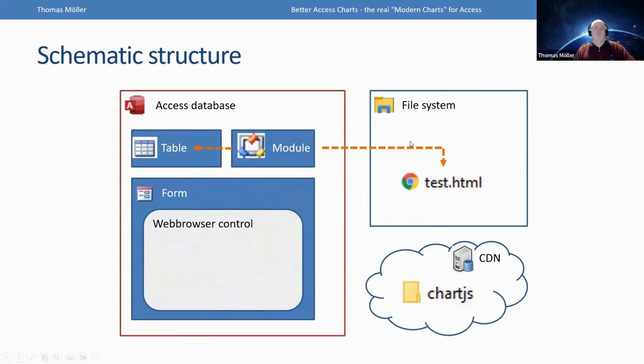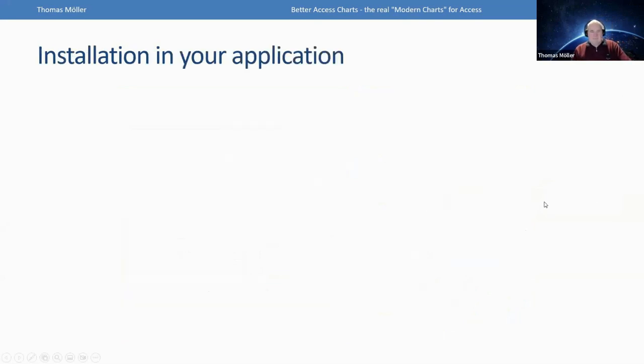Then the module composes the whole HTML file with the data and all options as you have specified them. And all is at the end in the HTML code. Then the whole HTML file is loaded into the web browser control. And when we need the functionality of Chart.js, the web browser takes it from the CDN on the web.